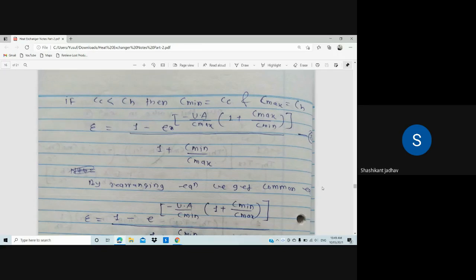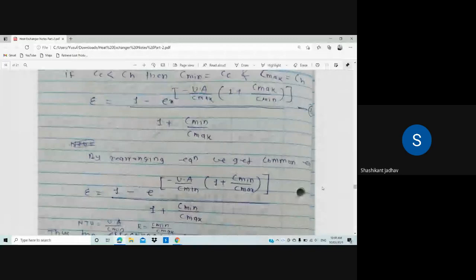Okay, so therefore all of you write down epsilon is equal to 1 minus e raised to into bracket minus u into a divided by C max into bracket 1 plus C max divided by C minimum, and what is the value at the denominator, 1 plus C minimum divided by C maximum.